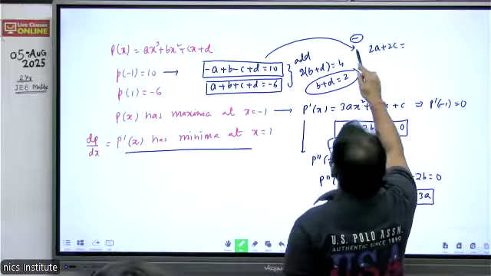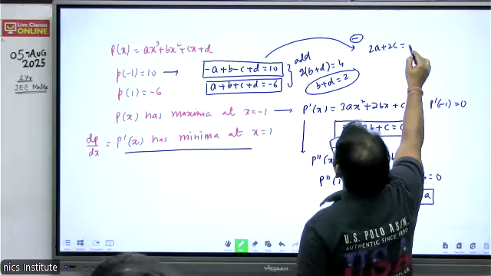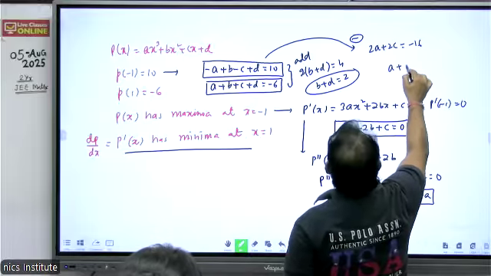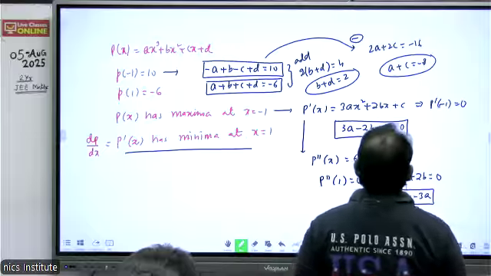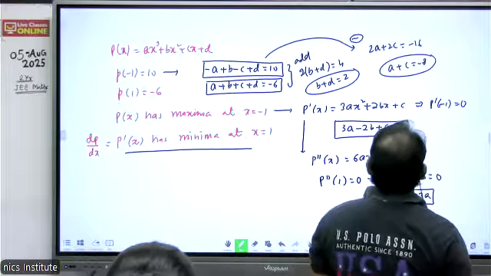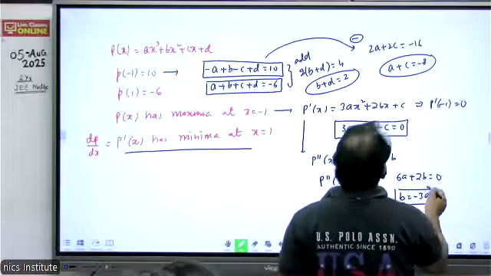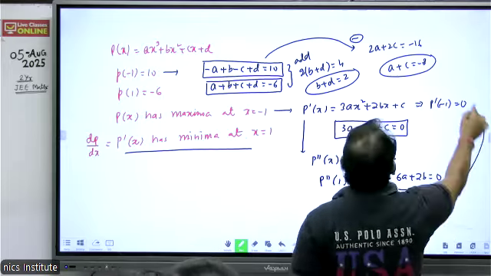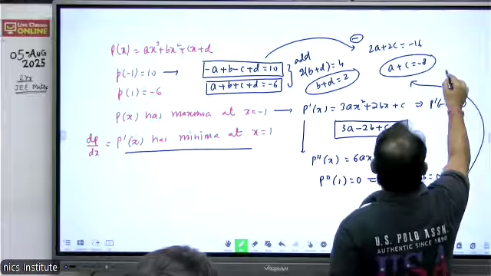So when I subtract these two, 2a plus 2c is how much? Minus 16. So a plus c equals -8. So I can replace a from here. A is minus b by 3.